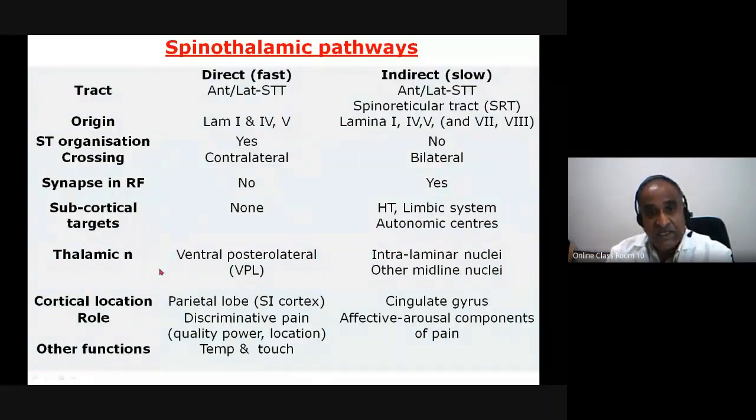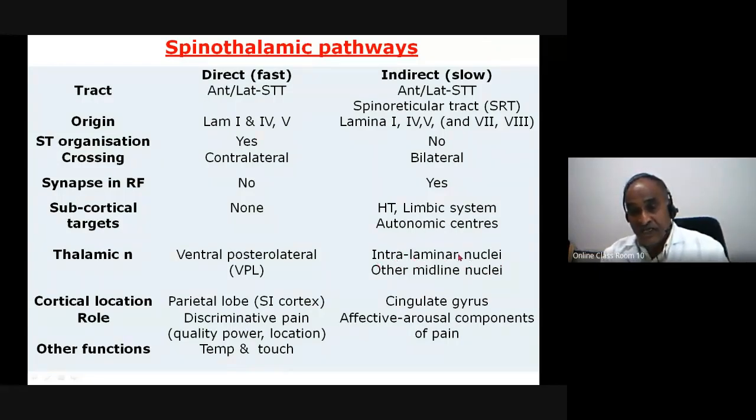Then the thalamic nuclei involved. In the case of the direct pathway, it is very clear: it is the VPL, and through the VPL they reach the parietal cortex as expected. Whereas the indirect pathway goes to the intralaminar nuclei and other midline nuclei, because the fibers come from the reticulothalamic and mesencephalothalamic projections.